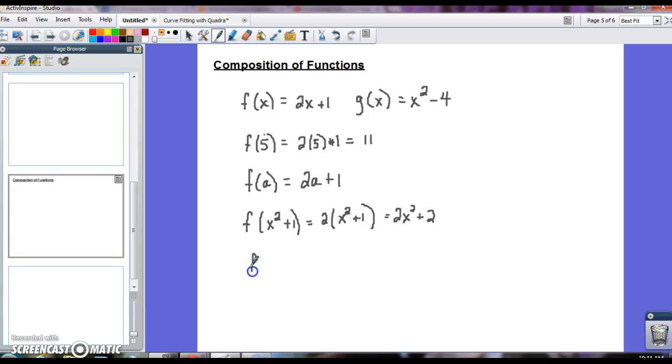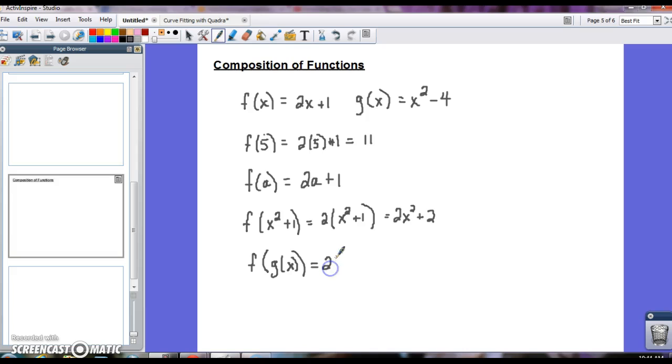Composition of functions is exactly the same idea in that you are replacing x with a whole other function. So in this case, I am replacing x in the function f of x with the function g of x.